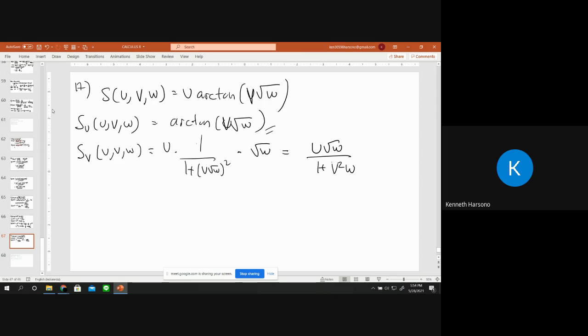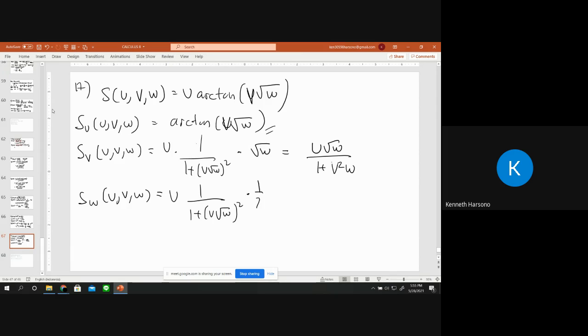And for the last one, with respect to W, same as before, so this one is all the same. But the difference is only when you derive what's inside the arctangent.